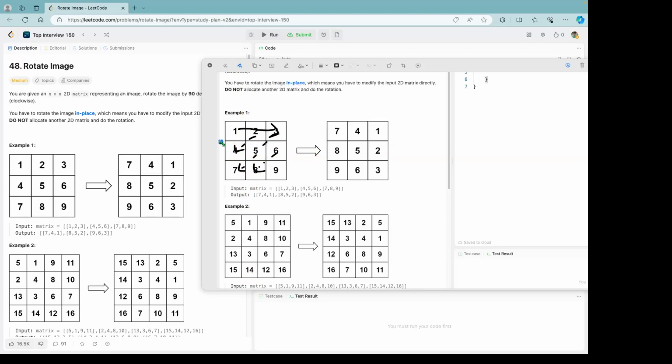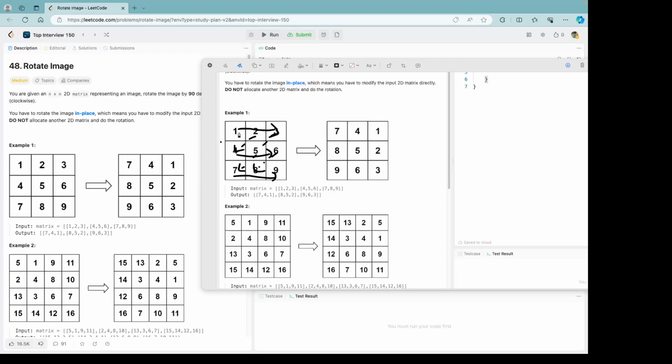It could become something like this. So what would the solution be? 1 would stay in its place. The 4 which was here would come to here because of the reflection, and 7, which was here, would have gone to here and been reflected to here.